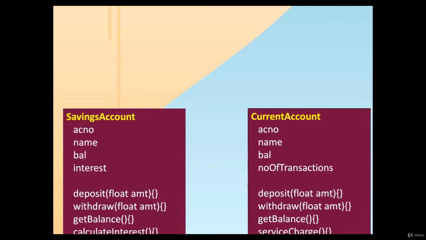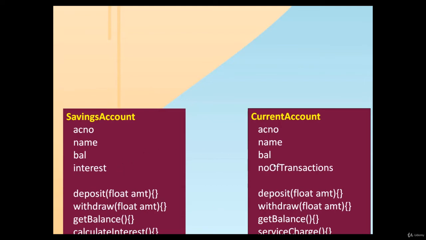Suppose 12 free transactions are allowed, but the customer has done 15. The service charge is 15 minus 12, so 3 transactions, and if it is 100 rupees each, 3 into 100 is collected. So the functionalities are deposit, withdraw, get balance, and service charge.